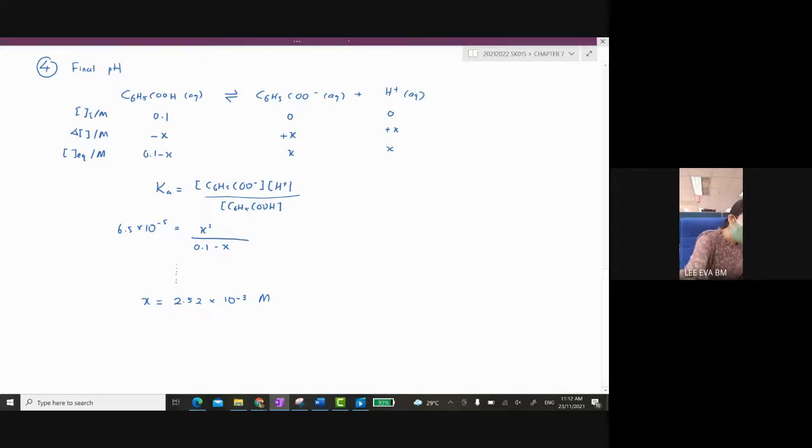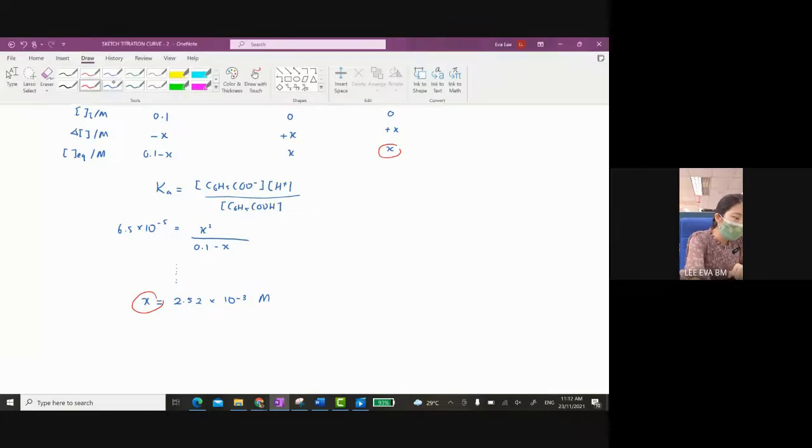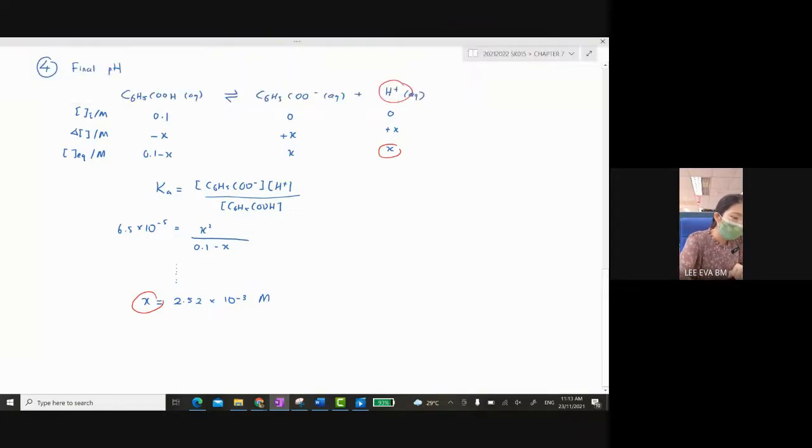All right, and then we look at this. In order to find your pH value, this x is actually the concentration of your H plus. Therefore, we can apply the formula pH equals negative log of H plus, and then substitute the value of x that you got over here. This one is the same value.